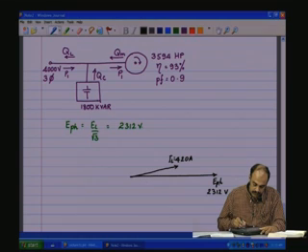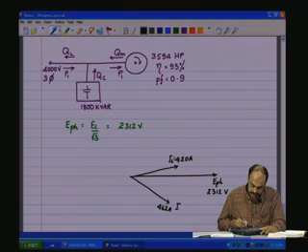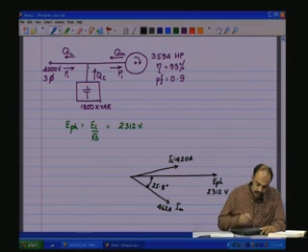Now, with respect to this, the motor current is going to be lagging, and that is 462 amps. This is IM, and it lags by the power factor angle as given, which is 25.8 degrees. And then we have the IC, which leads, and that is 260 amps.